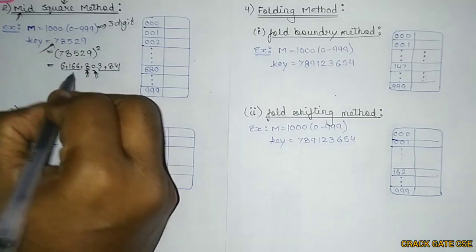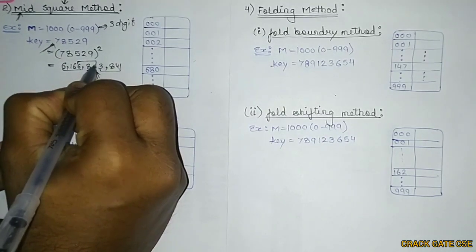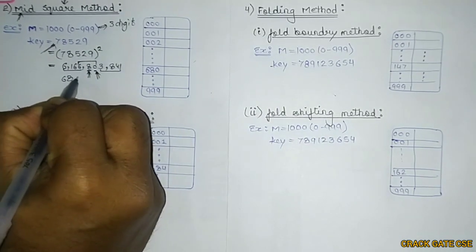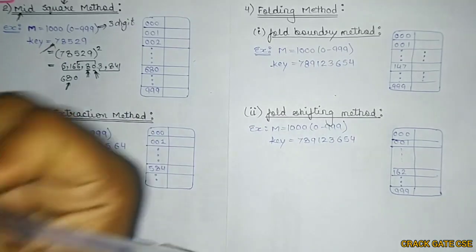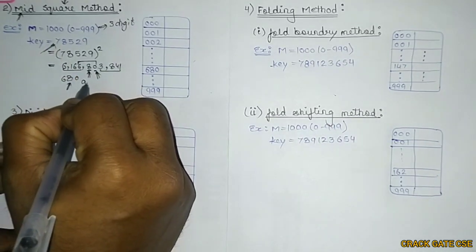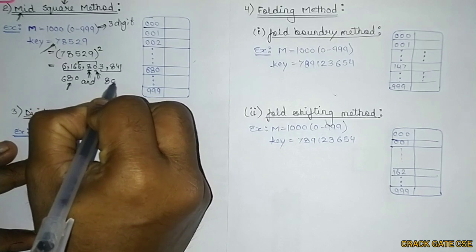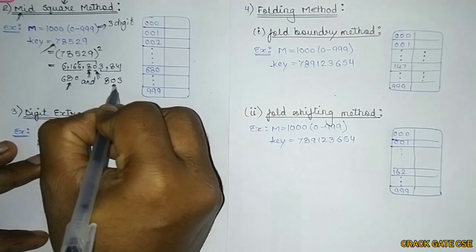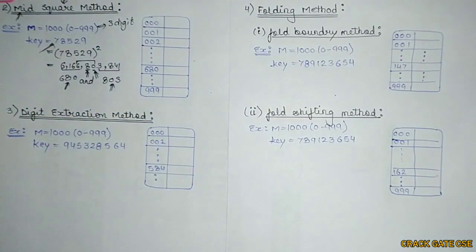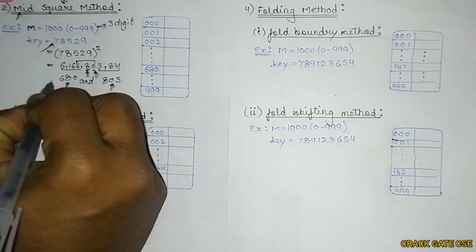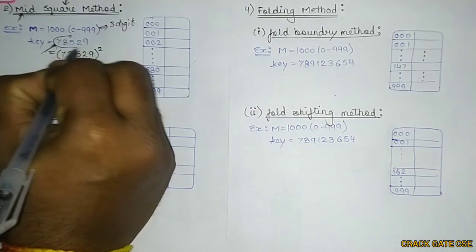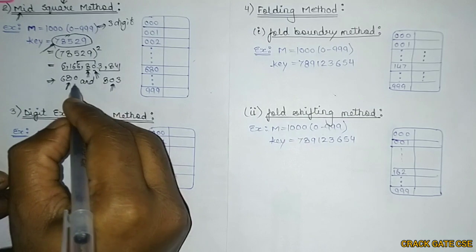So what are the options? One option is you can take this 680, because this 8 is a mid value. Similarly, you can also pick this 803, because this 0 is also a mid value, because we are having two mid values over here. So this particular key can be mapped to any one of these values.